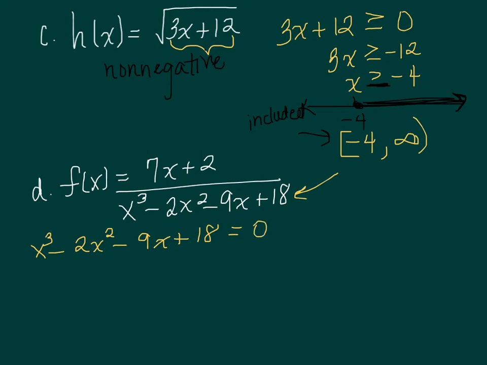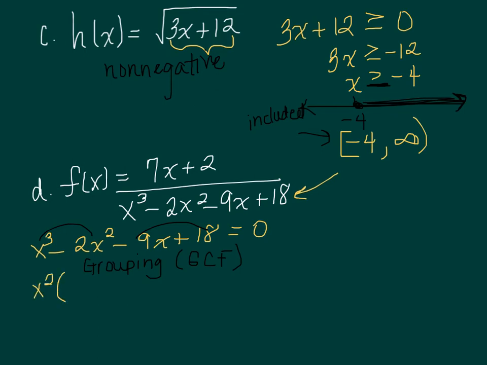And since there are 4 terms, we're going to factor by grouping. And we're going to find basically a GCF with our first group and a GCF with our second group. Okay, so the GCF of our first group is x squared. That's what they have in common.